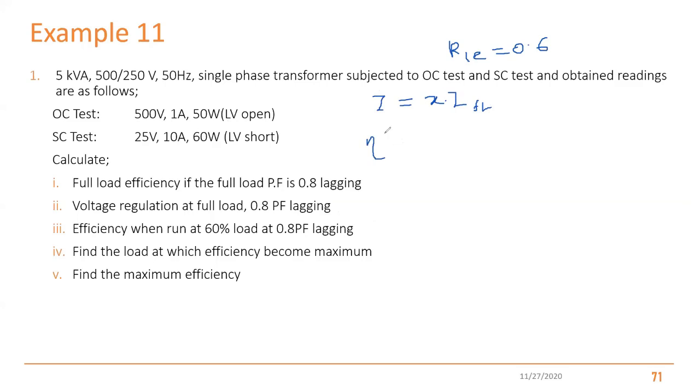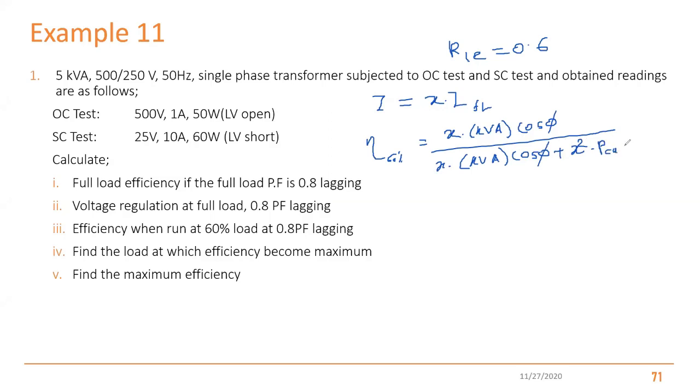But here I use it directly: efficiency equals X times kVA cos phi divided by X times kVA cos phi plus iron loss plus X squared copper loss at full load, times 100%.